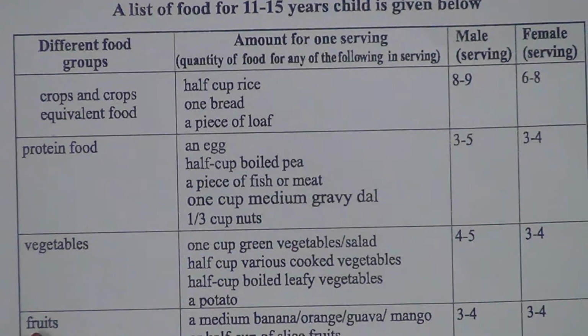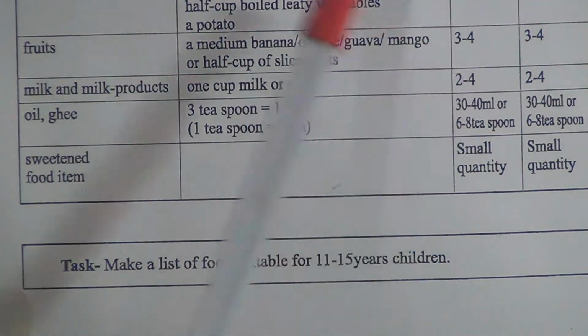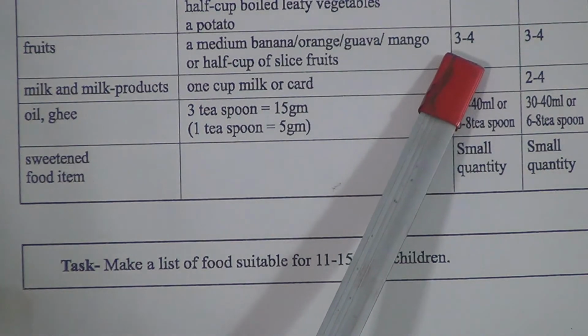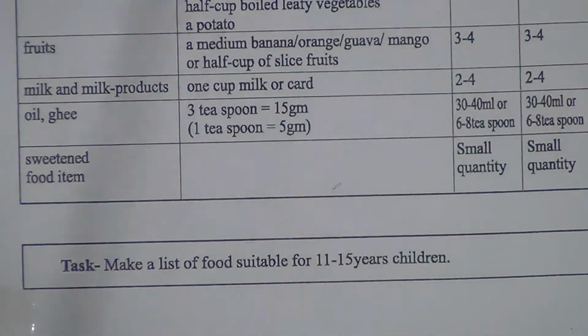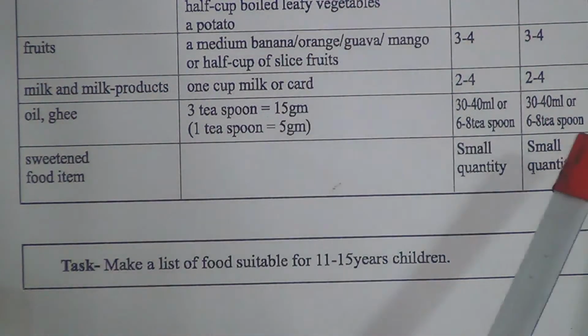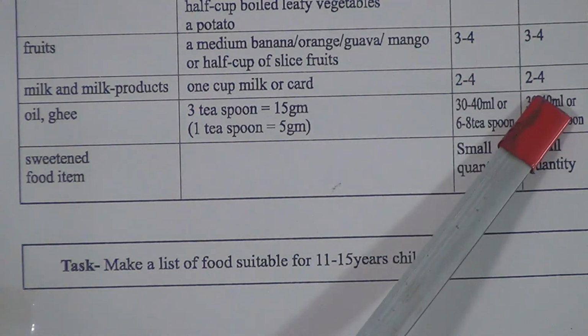Next one is fruits. The amount is a medium banana, orange or guava or mango or half cup of sliced fruits. And the amount of serving for male and female both are same, 3 to 4. Milk and milk products, 1 cup milk or curd, this also similar. For male and female it will be 2 to 4.